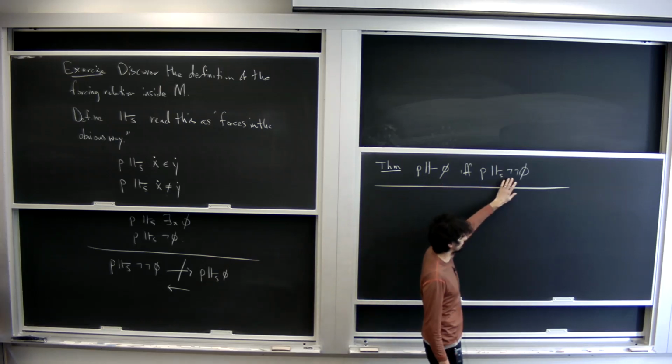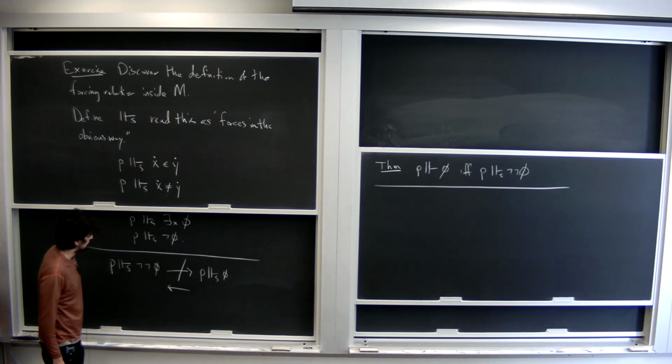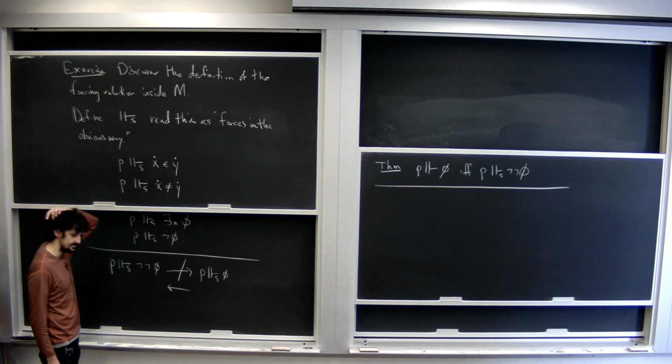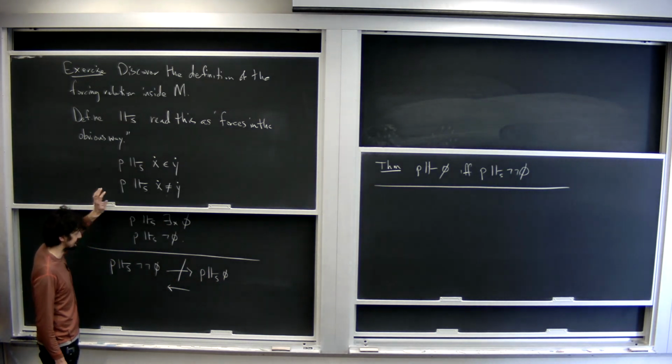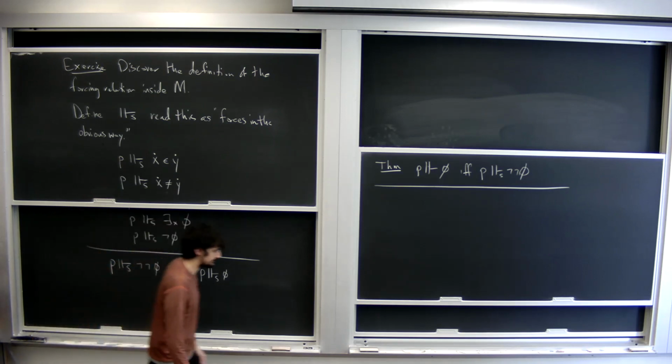Okay, because this strongly forces the double negation. Okay. Yeah. Okay, so this is some kind of extended exercise that says discover what you need to do to define the forcing relation inside M, and some kind of extended hint. Okay, and if I sent you the forcing notes, then you have a place to check that what you're doing is the right thing.